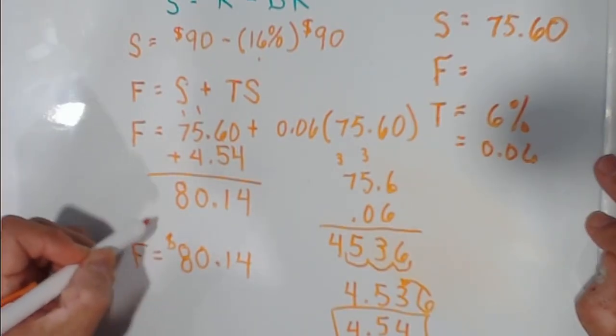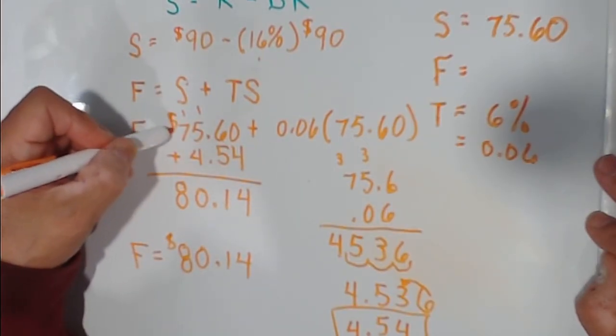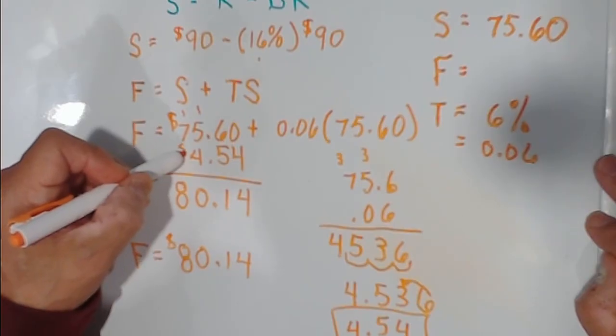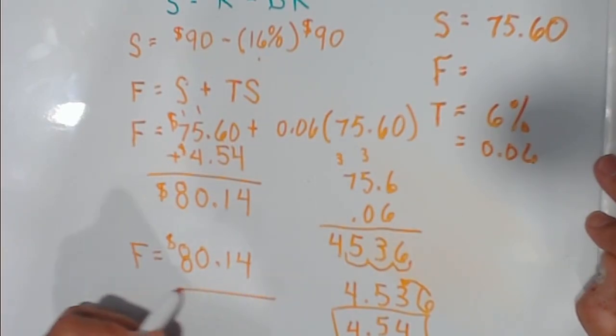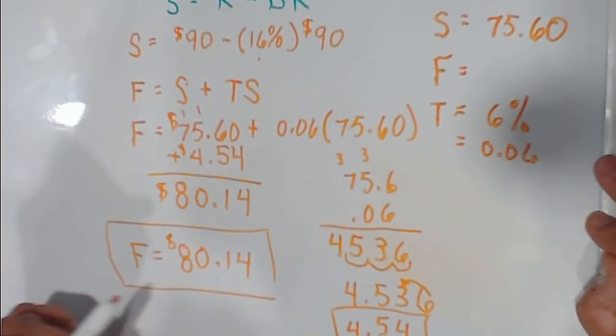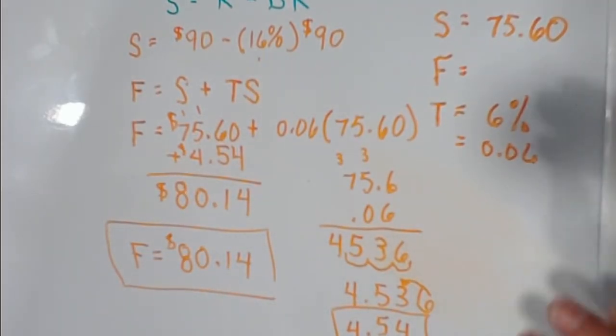We should put the dollar signs in front so we know what we're talking about. That's our final cost for our MP3 player, which is quite a lot of money, actually. So there you go. I'm going to show you an alternative in the next video.